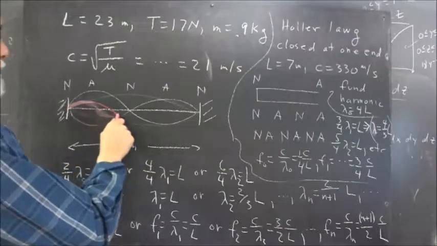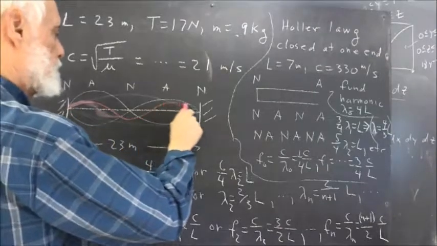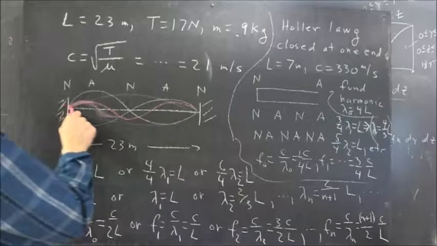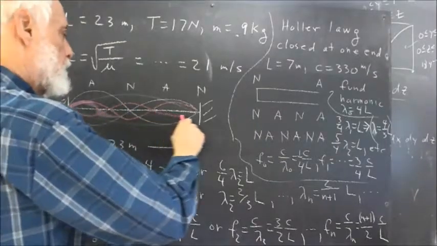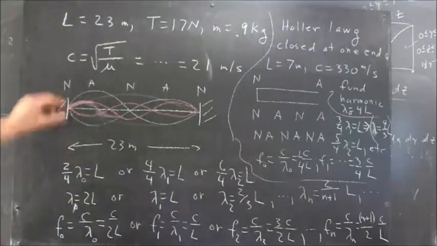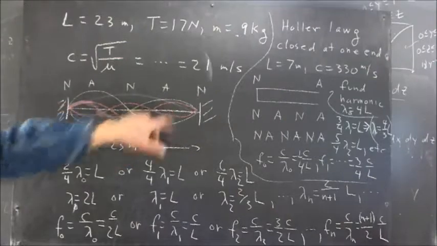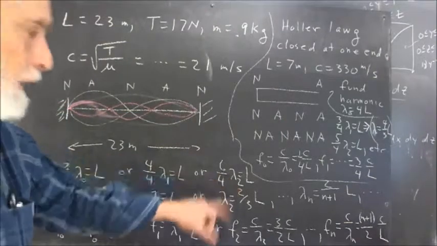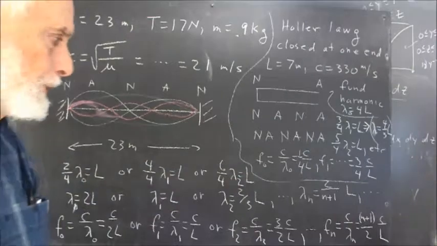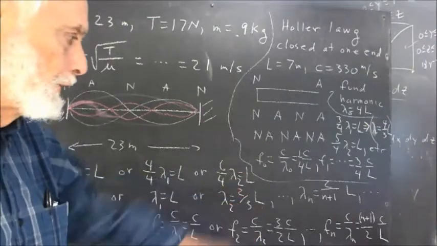We have this, and then we're down here, and then we're up here, and then we're here. Okay, I wasn't thinking very clearly when I did that, but right there is the configuration you would have for the second harmonic. 6/4 of lambda 2 equals L, so lambda 2 is 2/3 L.